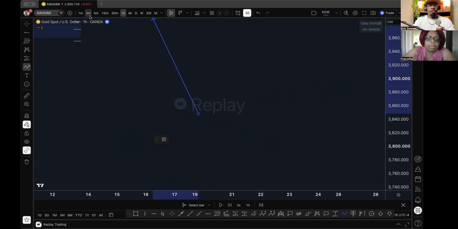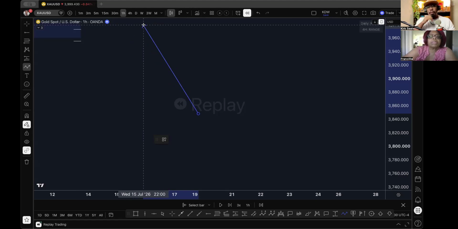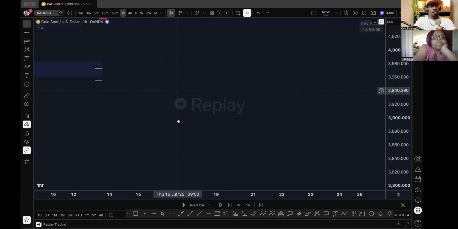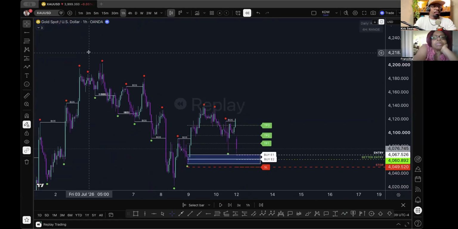If you're looking here close to the top of the screen, you're going to see 1M, 3M, 5M, 15, 30, 1H, 4H, etc. Those are the different time frames that we can look at this information on. All right. And time frames are going to be important. So what this basically means is, let me zoom in here.